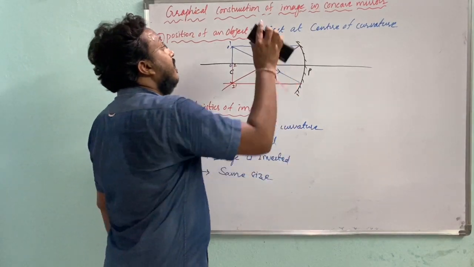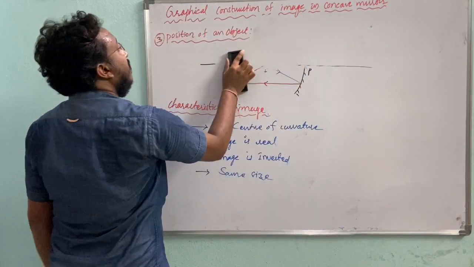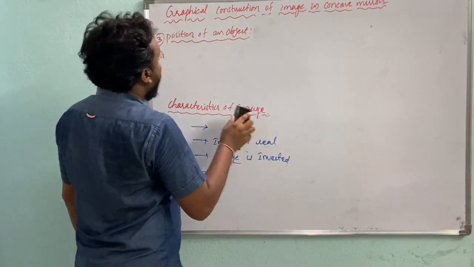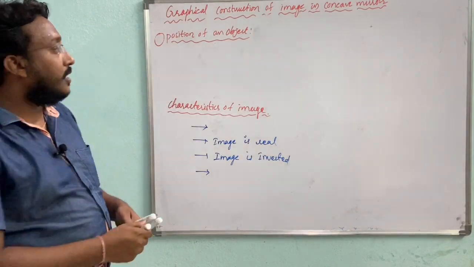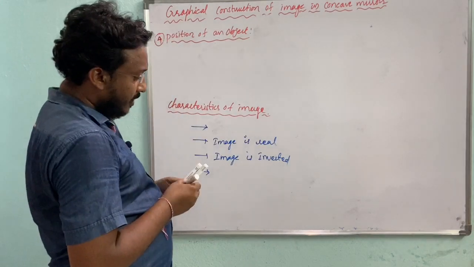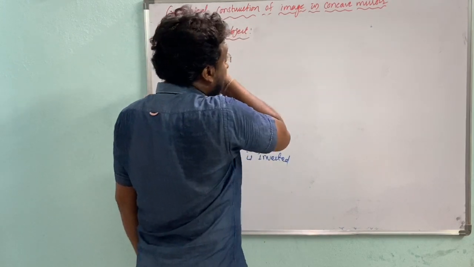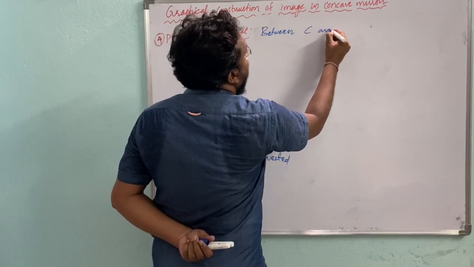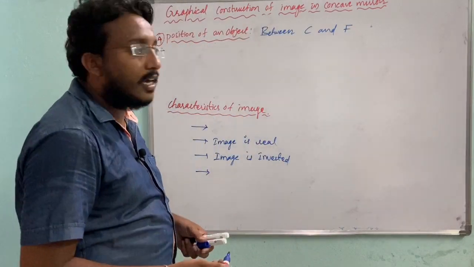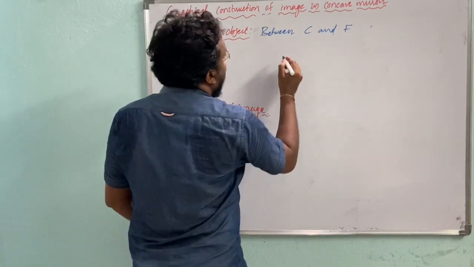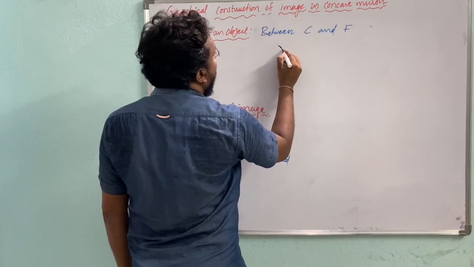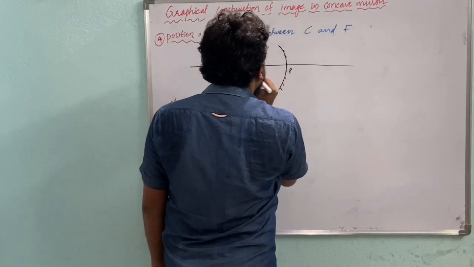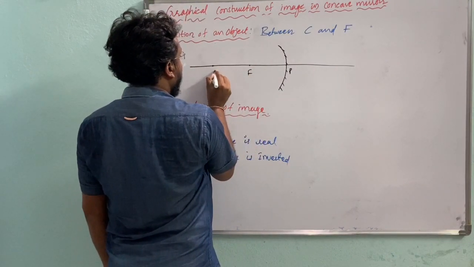Next, fourth position. The position of the object is between C and F. Between C and F. Mirror, principal axis, pole, focus, center of curvature.